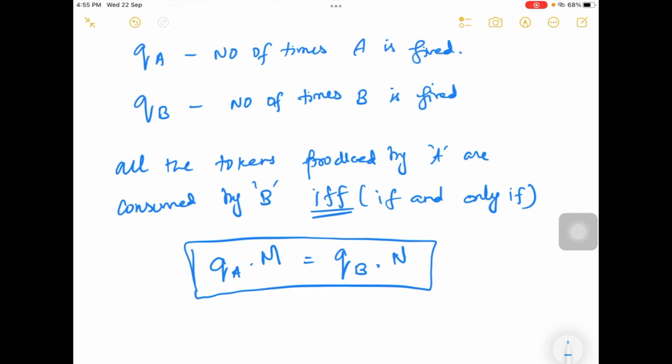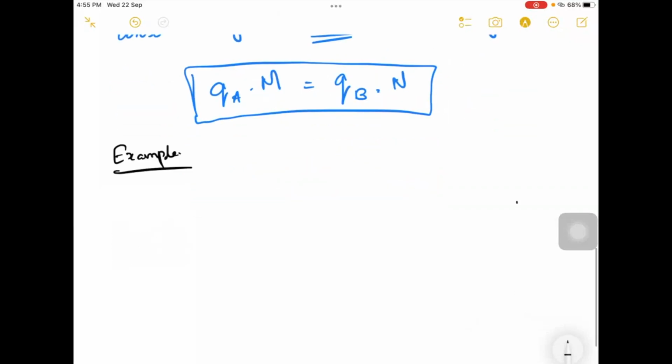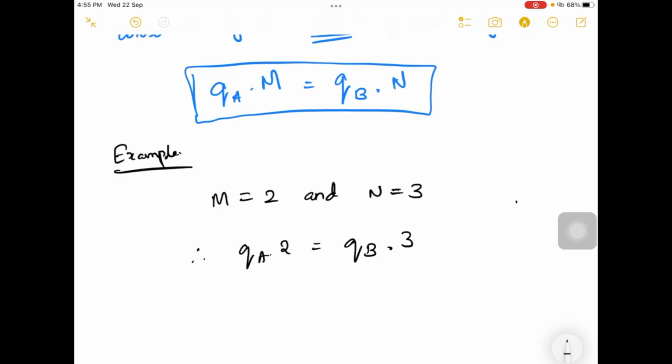Now one example we will see. In the example, M equals 2 and N equals 3. To balance the equation, QA into 2 equals QB into 3.